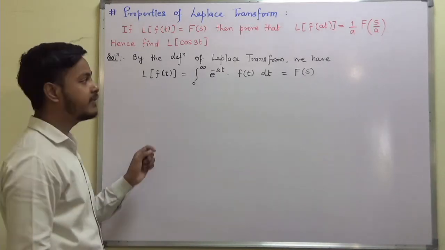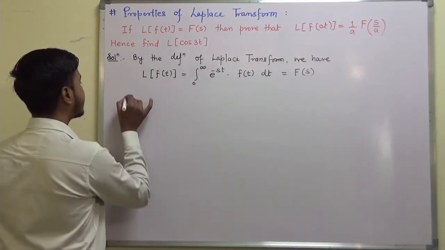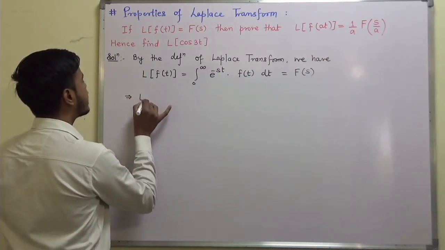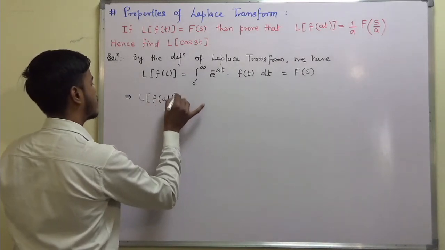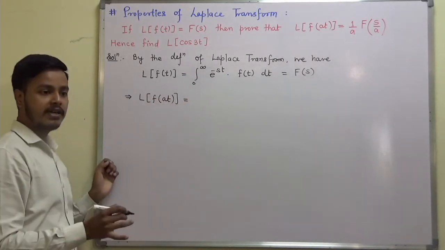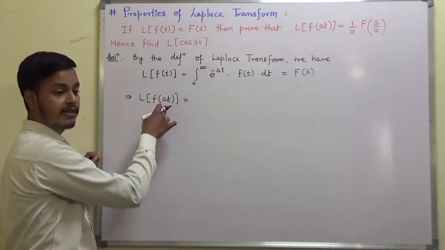What we want is Laplace transform of f of a t. So you can directly write Laplace transform of f of a t. What we are doing is scaling t by a factor a.